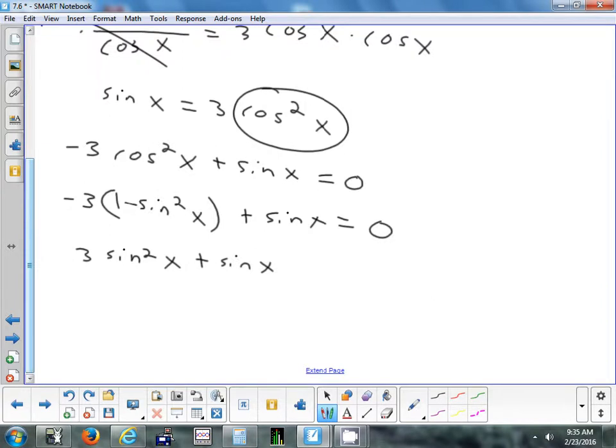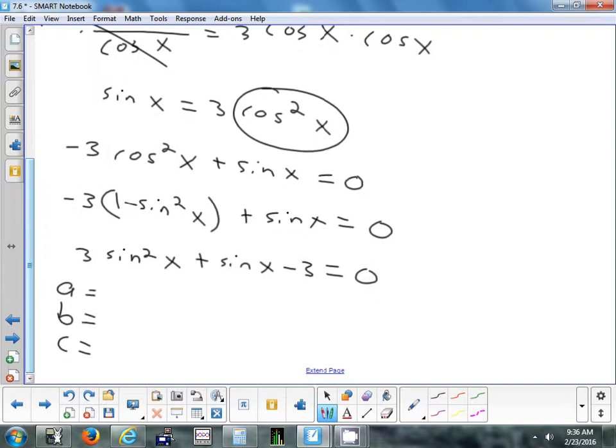And negative 3 times 1, just negative 3, equals 0. Now do we have a quadratic equation? Yes, we've got something squared, something, and then the constant. Does anybody want me to keep going from here? Okay, so quadratic equation now.